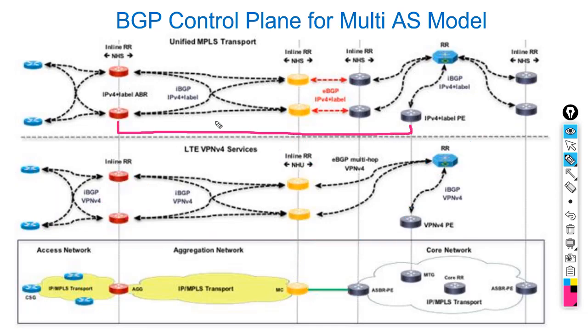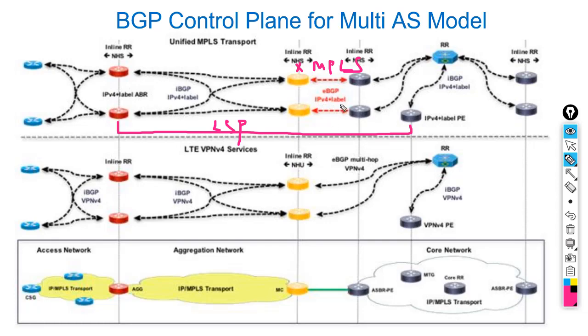The issue here is that we would like to establish an end-to-end LSP directly between the AGG and PE. But there is no MPLS on the link between metro core and ASPR. So how do we advertise the label from the core domain to the metro domain?